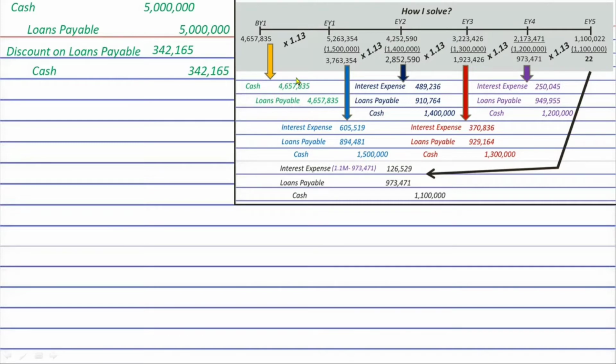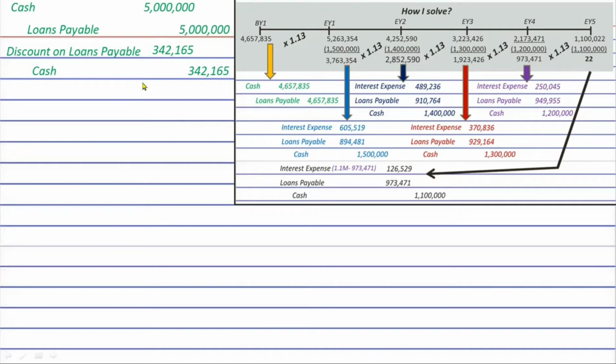It will still equal 4,657,835, which is the same as the entry here. And if you are asked about the balance of the loans payable in the financial statements, then it is 5 million minus this discount on loans payable, because this account is actually a contra liability account. So it will also result in 4,657,835. Again, the substance of these two different entries is just the same.